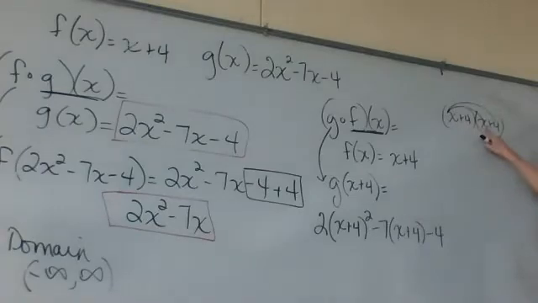Let's see, x times x gives me x squared. Outside, x times 4 gives me positive 4x. My inside, 4 times x gives me another positive 4x. And my last, 4 times 4 gives me plus 16.